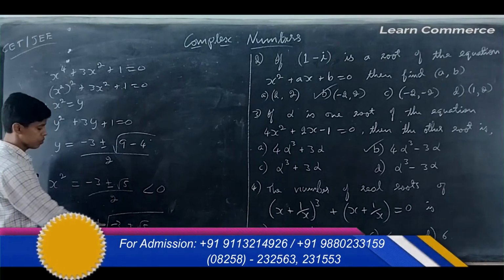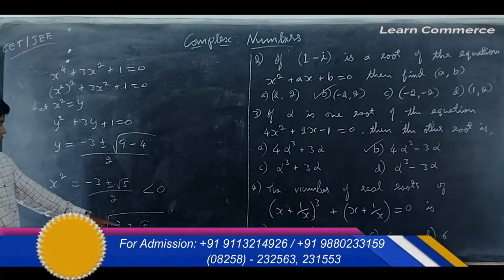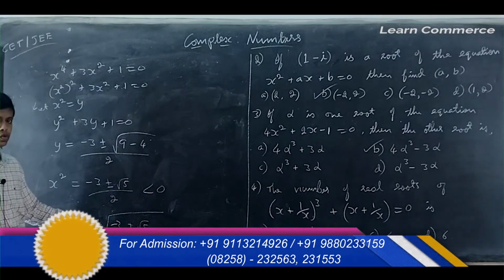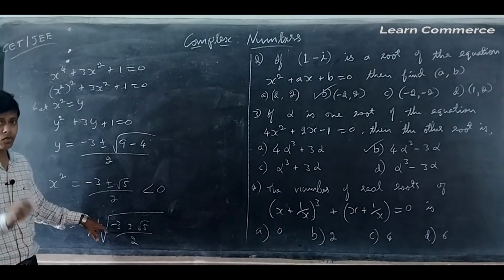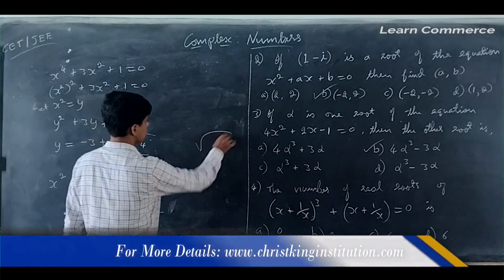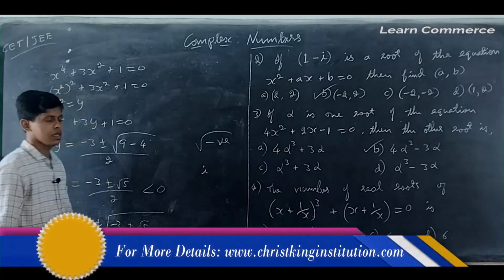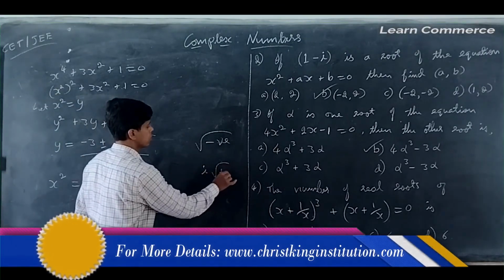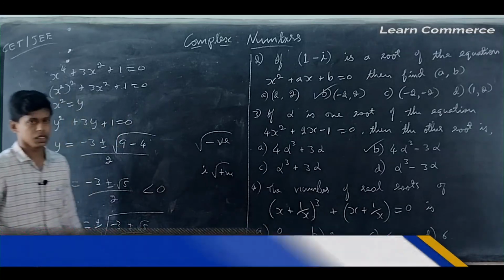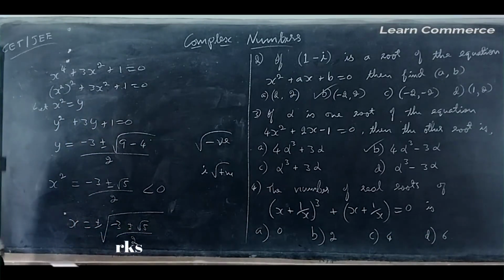If you have any negative quantity within the root, are you getting a real value there? You are not getting a real value. Square root of a negative is imaginary, correct? You understand? So we will not get any real root here.